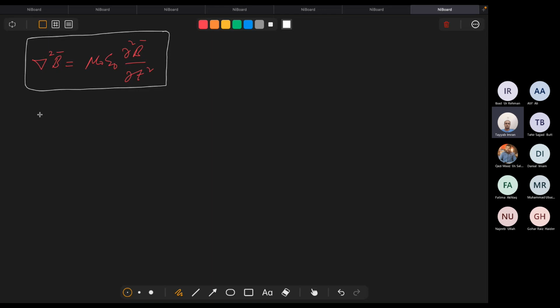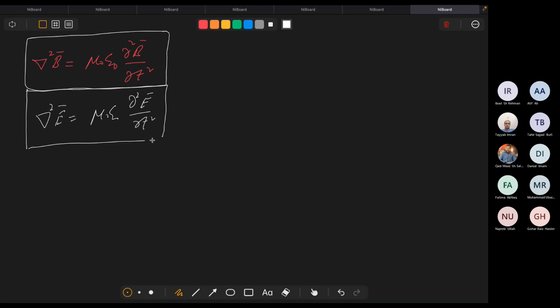So here electric field, and the above equation is for the magnetic field.